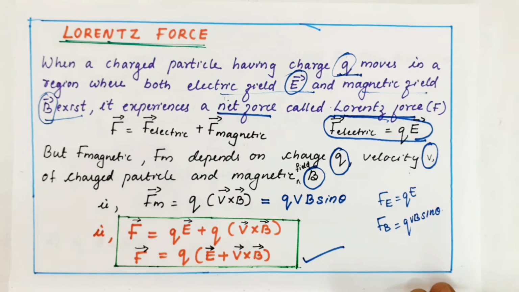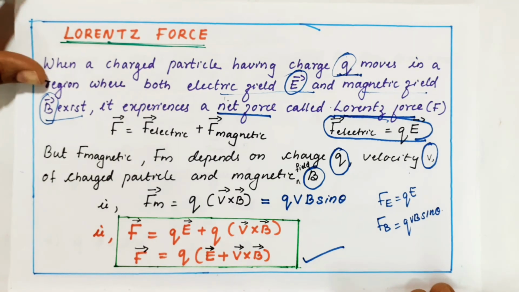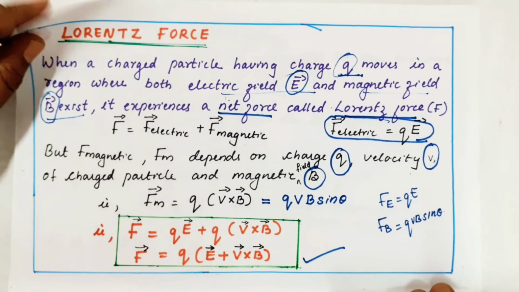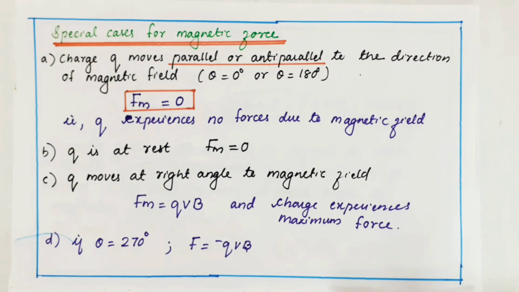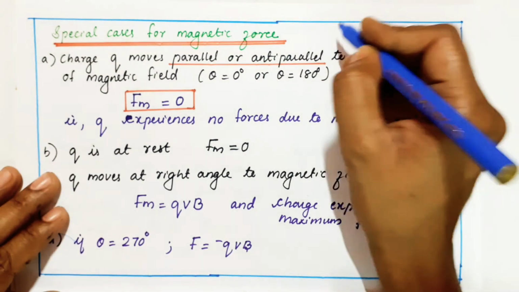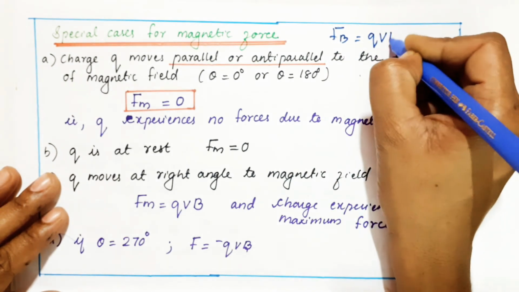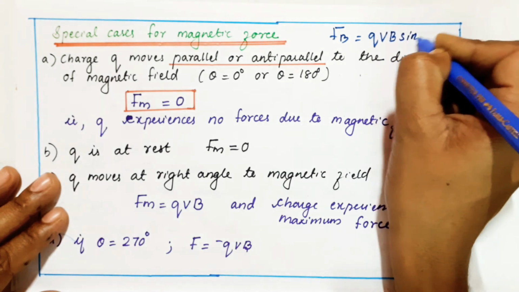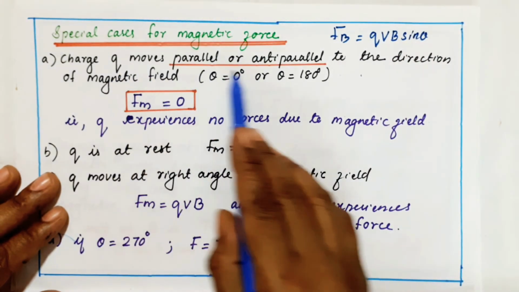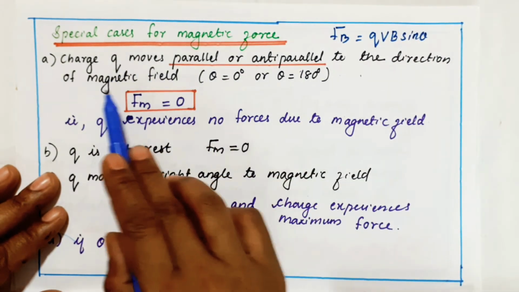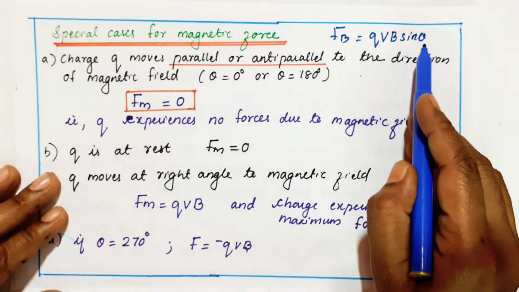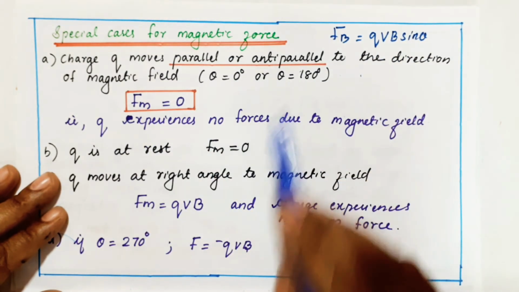So what is Lorentz force? F equals F electric plus F magnetic. That is F equals Q into E plus V cross B. Now, I need to tell a few cases. Just now I told you the equation for magnetic force, QVB sin theta. First case, when a charge moves parallel or anti-parallel to the magnetic field, it means theta value can be 0 or 180 degree.